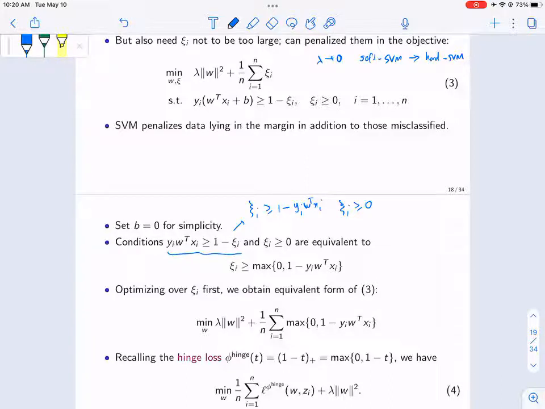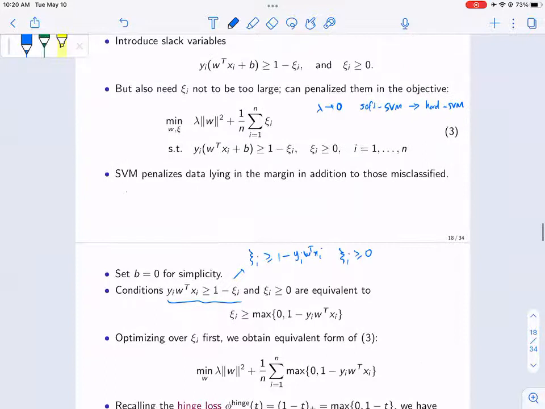Now what I have is: minimize over w and ξ, lambda times the norm, plus 1 over n summation i from 1 to n of ξi, where ξi is bigger than or equal to max of 0 and 1 minus yi wᵀxi for all i.